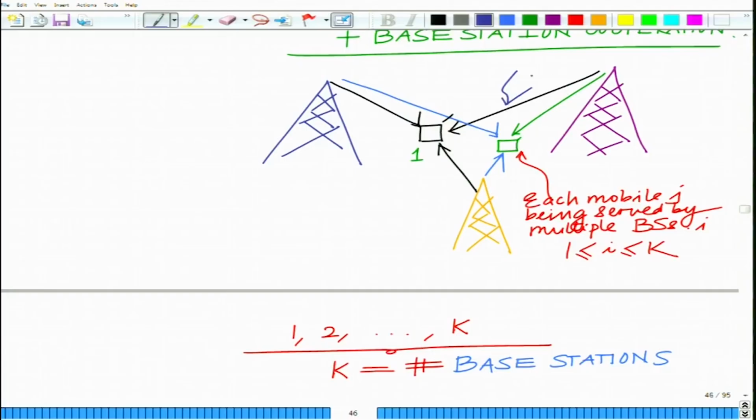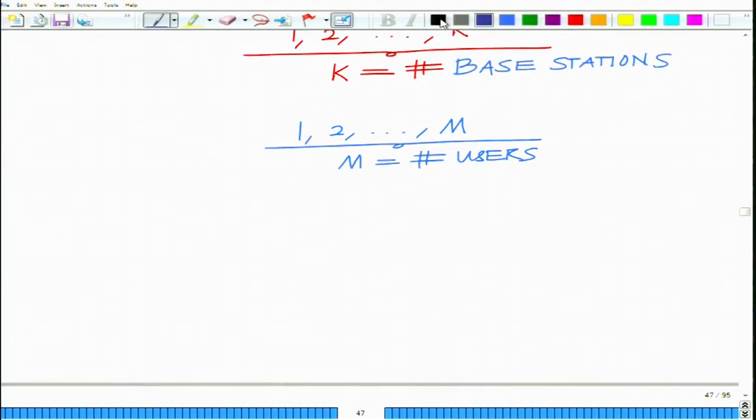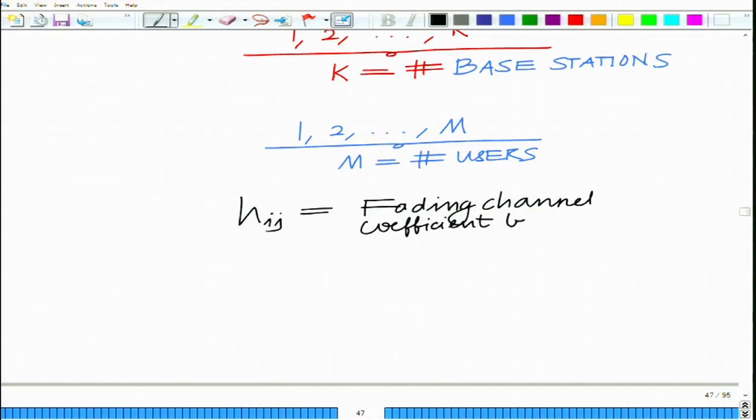So, you will have a fading channel coefficient h_ij, and h_ij is the fading channel coefficient between the ith base station and the jth user.